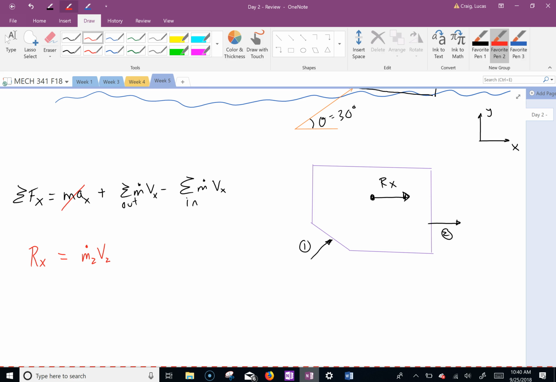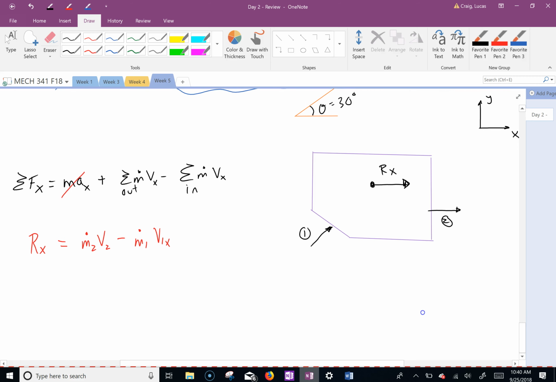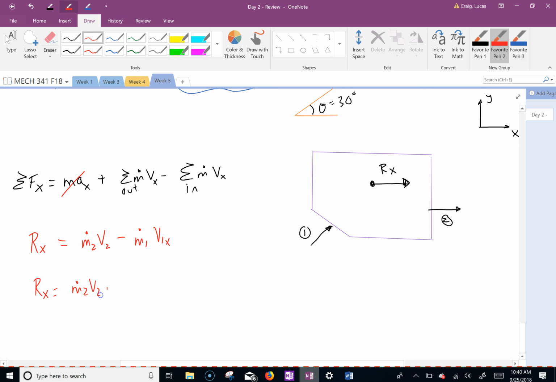And what's coming in the X? Yep, times V1X. So Rx equals m dot 2 V2 minus m dot 1 times, well, I believe it's V1 cosine theta.